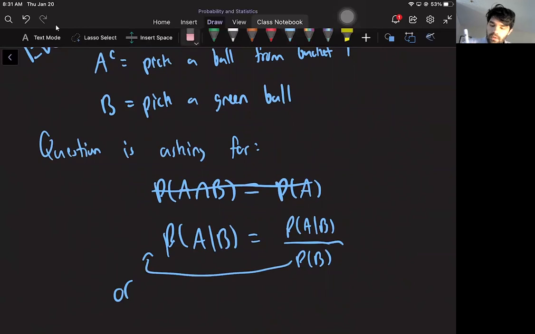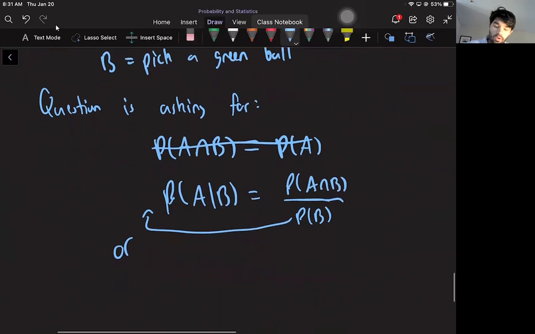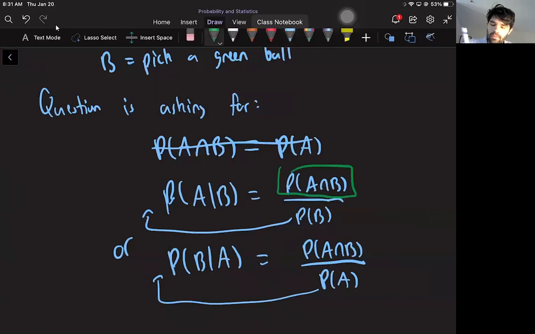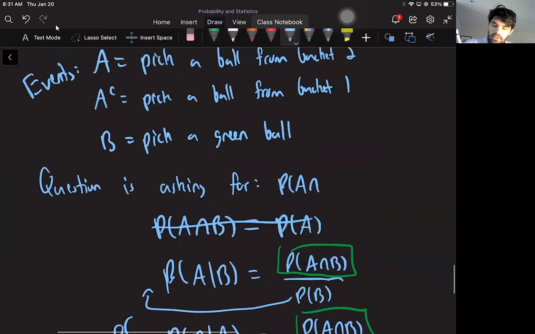Oops, that should be an and there, sorry, or an intersection. So you can multiply that up, or maybe this one is more useful depending on the label, but it's the same on the top there. Okay, so what do we do? So either of these will let us solve for this, which is what we're looking for. So we're really looking for the probability of A, picking a ball from bucket 2 and picking a green ball.